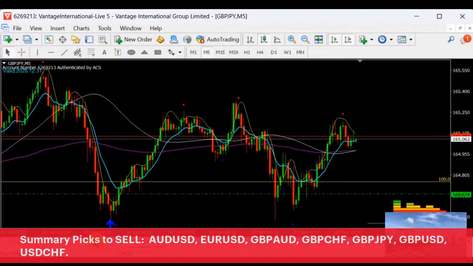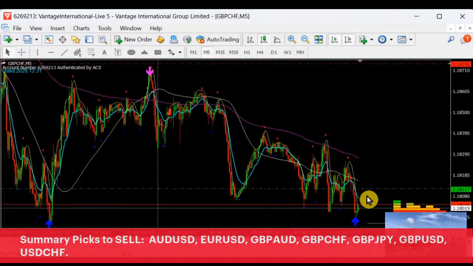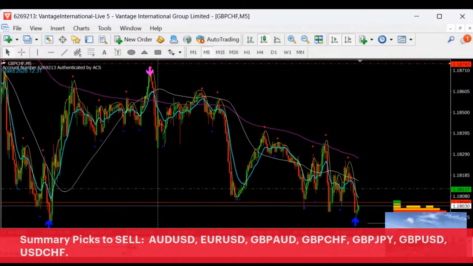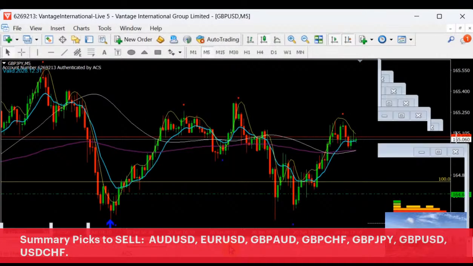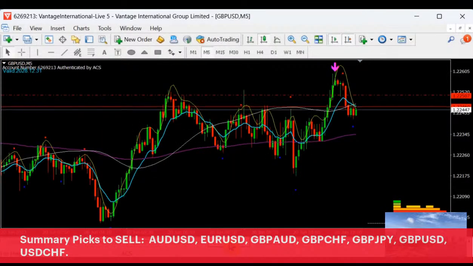Pound franc also, we are still working on. Now there is the breaking of the support here, as you can see. So we are waiting for the retest before it continues the selling.